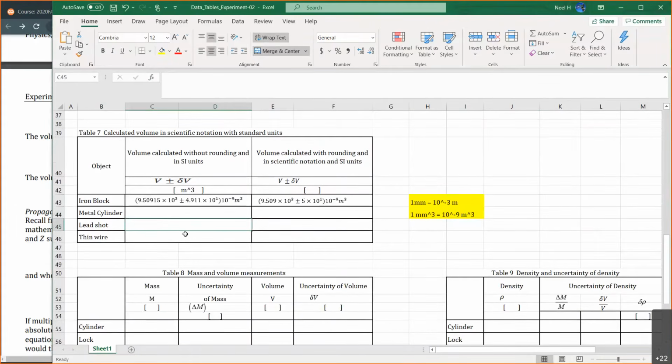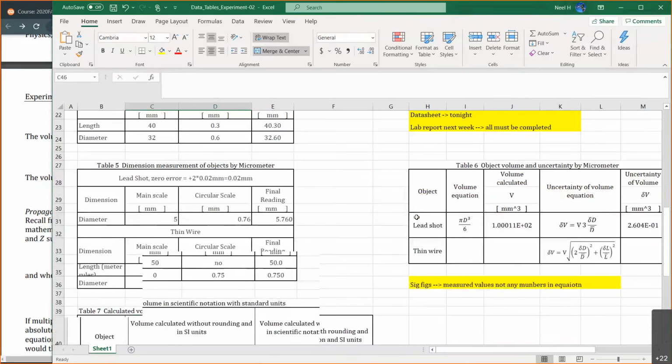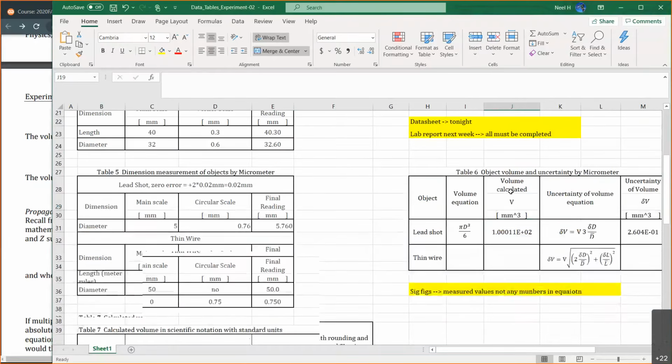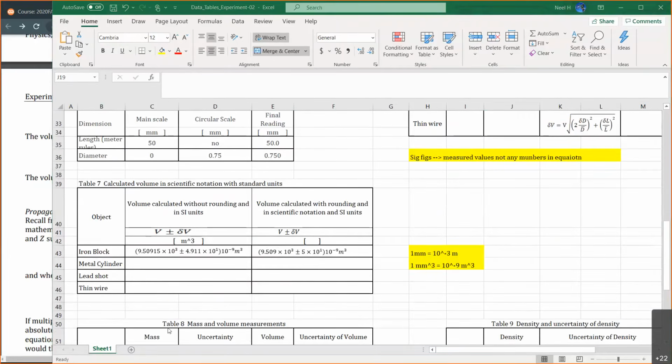Make sure when you do these 2 tables, do all the calculation with a little higher decimal places than what it should be in terms of sig figs. Don't round it there, and instead round it after you reach table number 7, because it is specifically asking for the non-rounded value and the rounded value. If you round it earlier, that will be a problem when you reach this place.